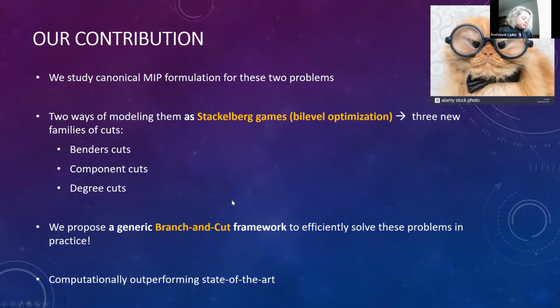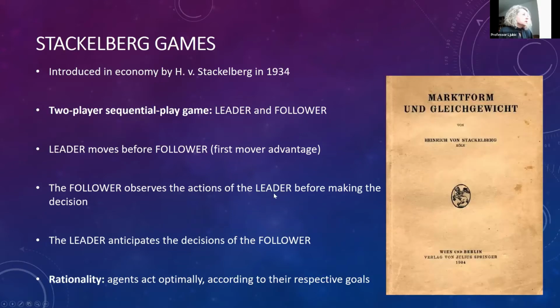Okay, so Stackelberg games are known in economics. They have been introduced back in the 30s by Heinrich von Stackelberg, and they represent sequential two-player games, in which we have the first player, to which we refer as the leader, and the second player, to which we refer as the follower. So now, what are the rules of the game?